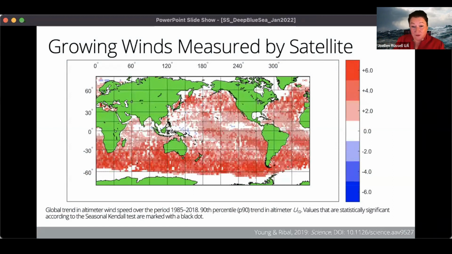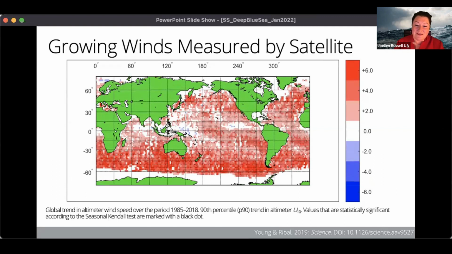If it were just the solubility, just the biology, one might focus on what kinds of ecosystems are being affected. But in fact, it's windier. That energetic atmosphere. This is actually the change in wind speed over 30 years, from 1985 to 2018.